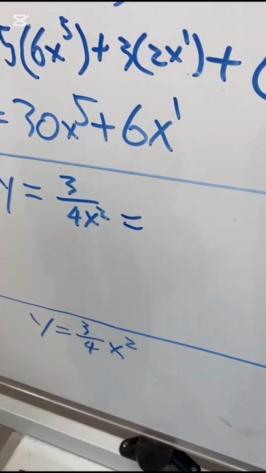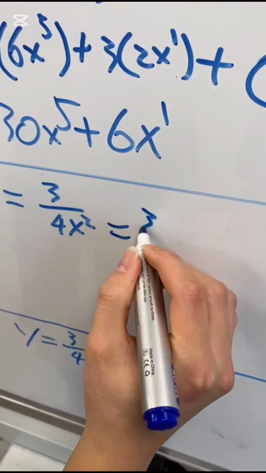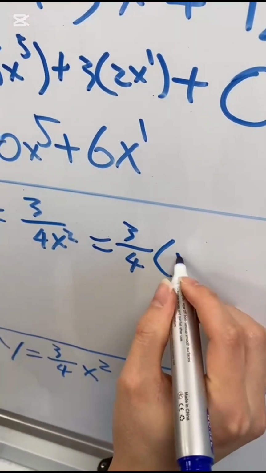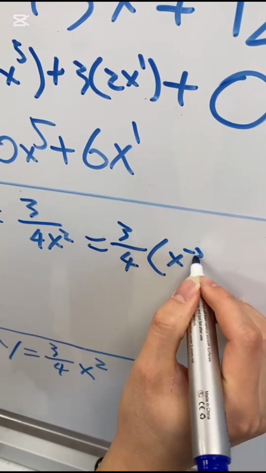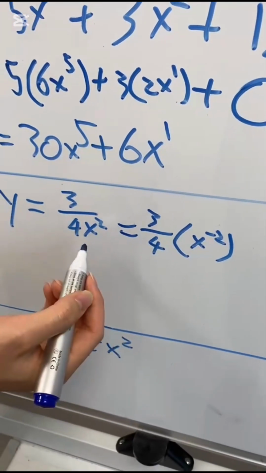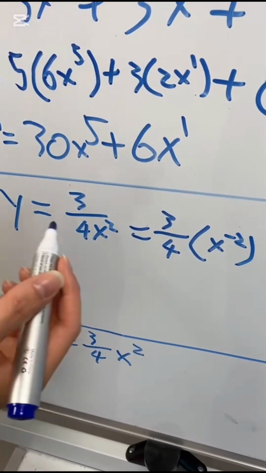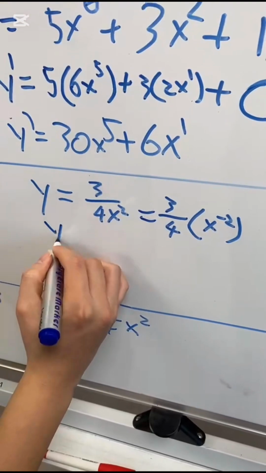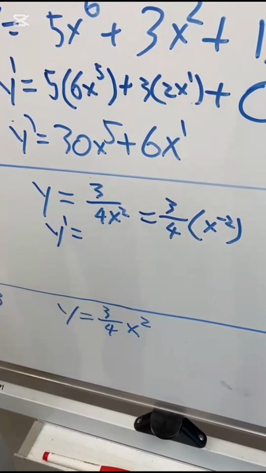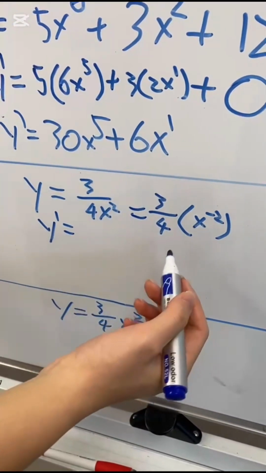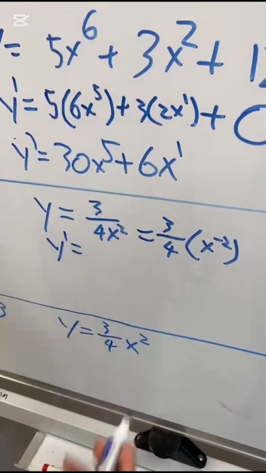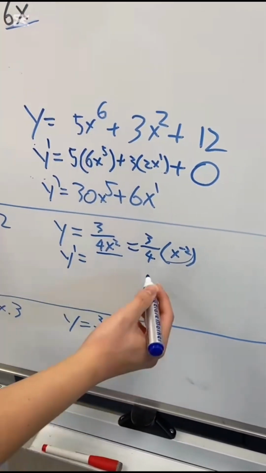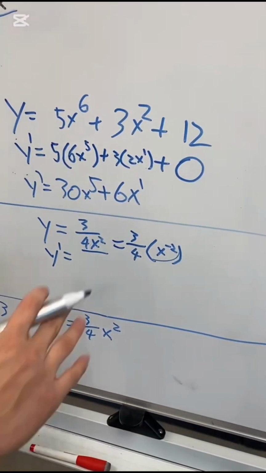I would recommend that you rewrite it as 3 over 4 multiplied by x to the power of negative 2, since it's in the denominator instead of the numerator. Here, y prime is equal to, we just use the same equation as above, and we use this instead of that, which is a lot less confusing.